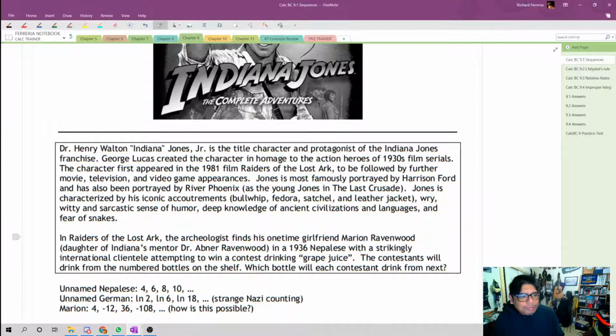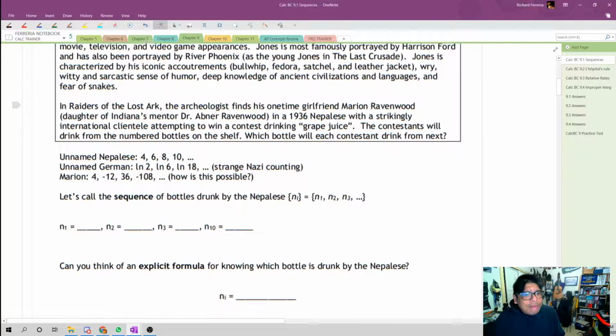Ford's characterization of Indiana Jones was a big reason why a lot of people really enjoyed this. I really enjoyed this growing up. So the one we have here is from the very first film, where we have the archaeologist and his one-time girlfriend Marion Ravenwood, the daughter of Indiana's mentor Abner Ravenwood, in a 1936 Nepalese bar with a strikingly international clientele.